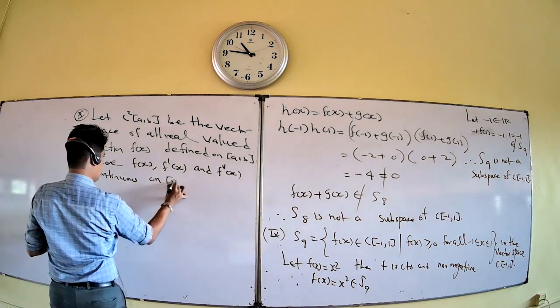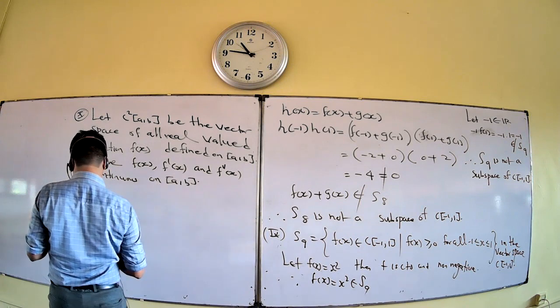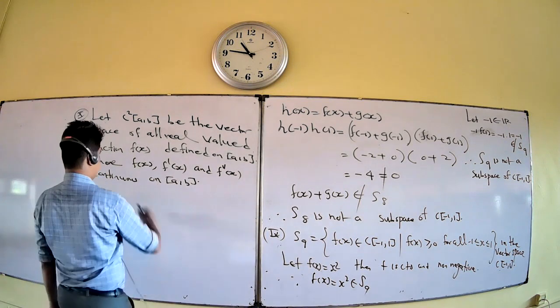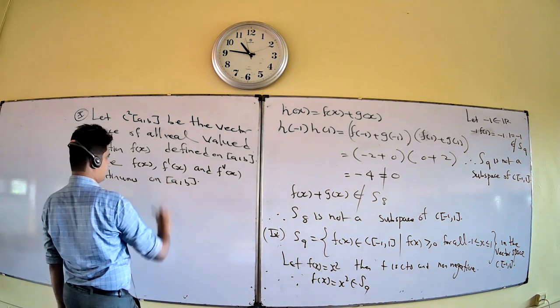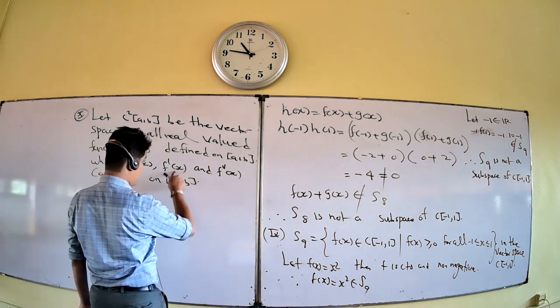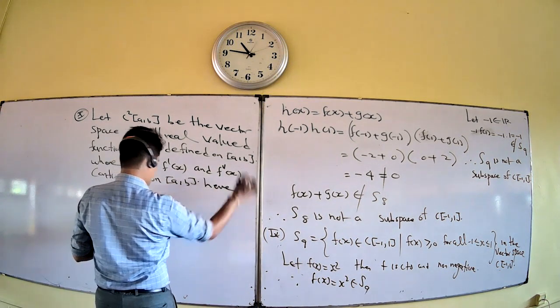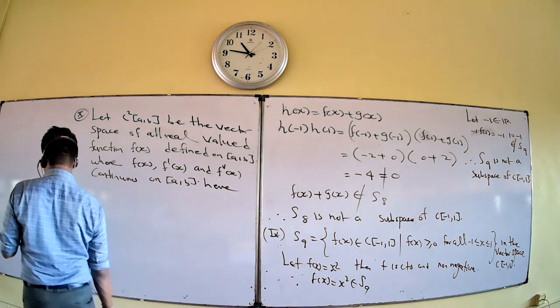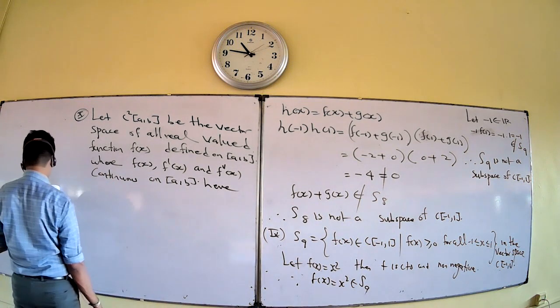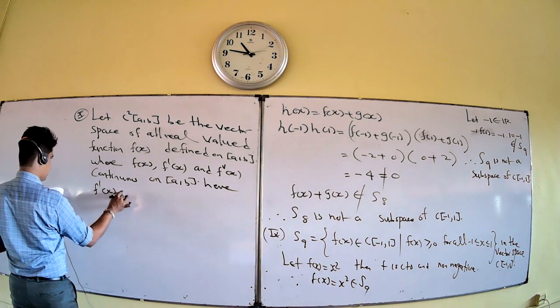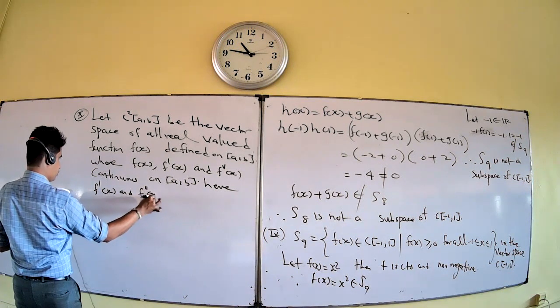This means f is continuous, f dash is continuous, f double dash is also continuous. F dash is the derivative, and f double dash is the second derivative. Here, f dash of x and f double dash of x are the first and second derivative of f of x.